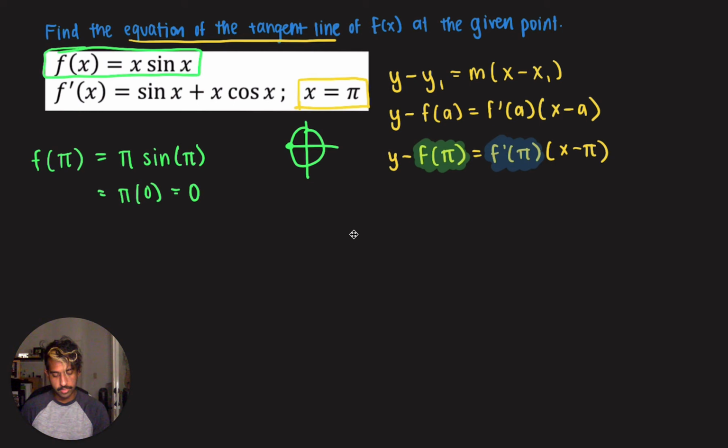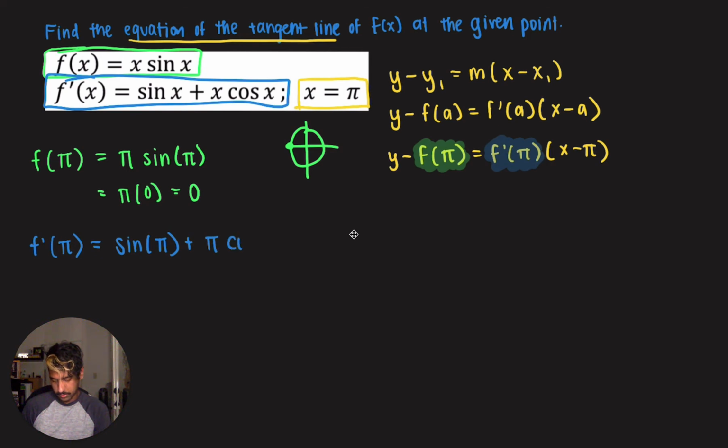Okay, cool. Now let's find f prime of pi, or the derivative of f at pi. And for that, I'm going to use the derivative equation, which is right here. In the same way, everywhere I see x, I'm going to replace that with pi, and so I see this is sine of pi plus pi cosine of pi.